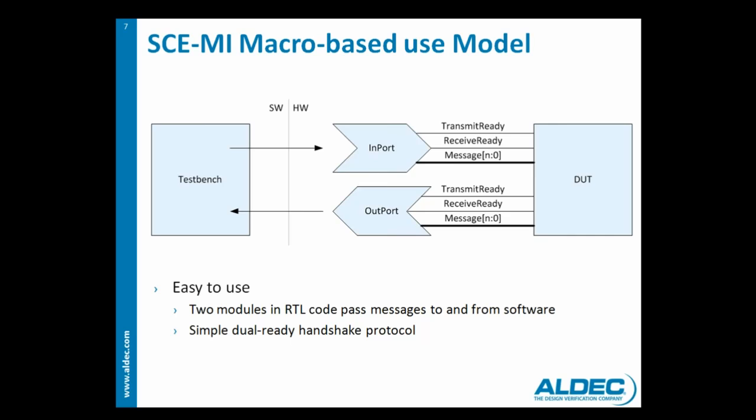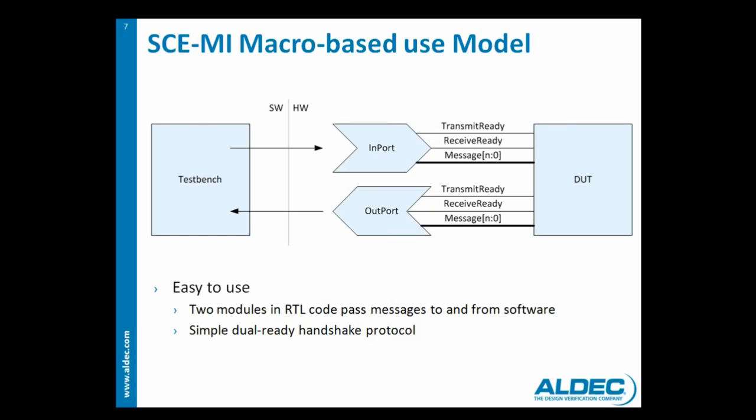Let us look into a macro-based model example. Here you can see there are two parts. One is software, and one is hardware, which can be your prototyping board. Suppose you need to develop a transactor which does this functionality. A macro-based model has two parts: the software part and the hardware part.